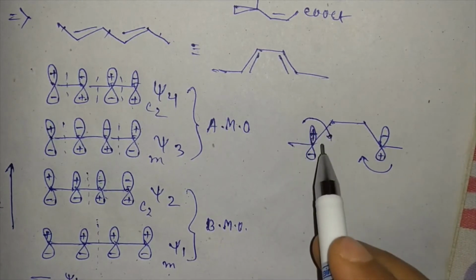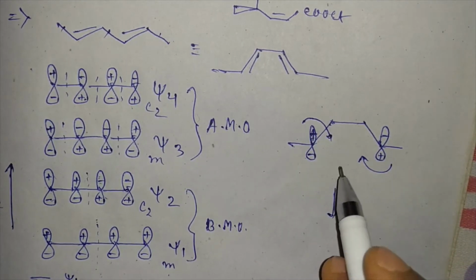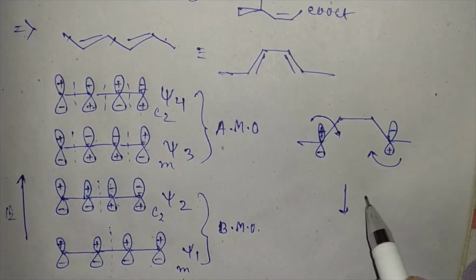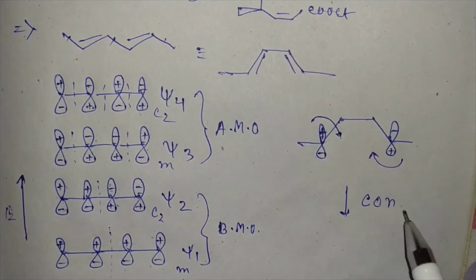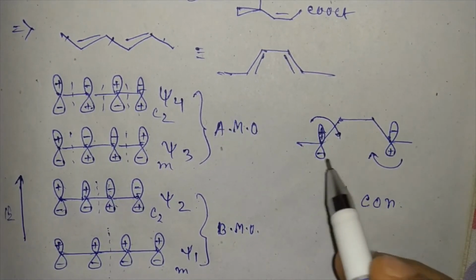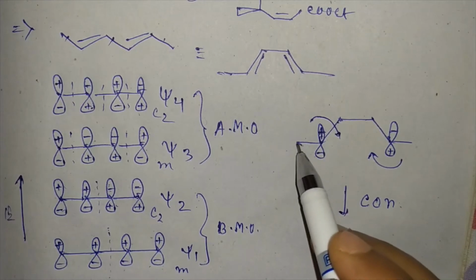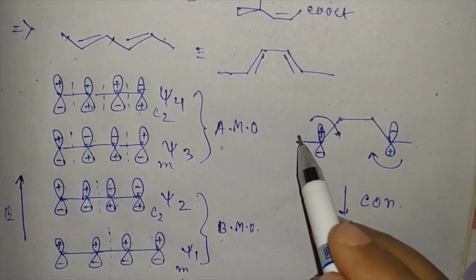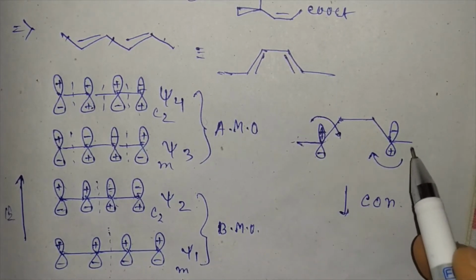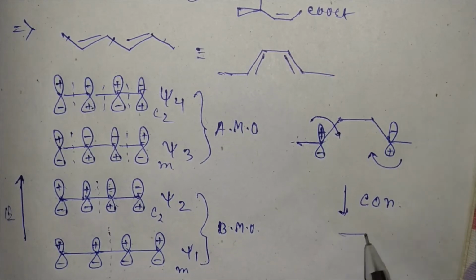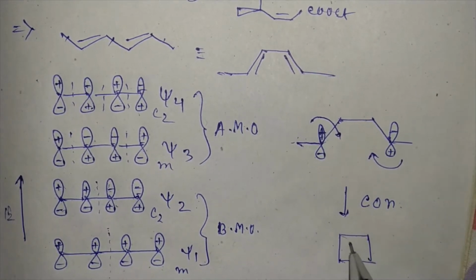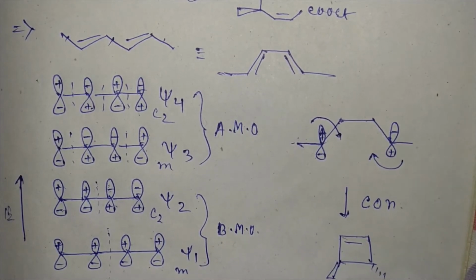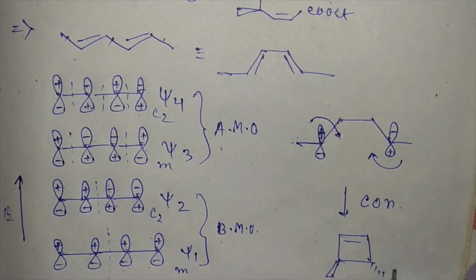So it is clockwise direction and it is also clockwise direction. This mode is called conrotation. In conrotation mode, we will have this methyl group above the plane and this methyl group below the plane. So the product will be one above the plane and one below the plane. So this will be the product.